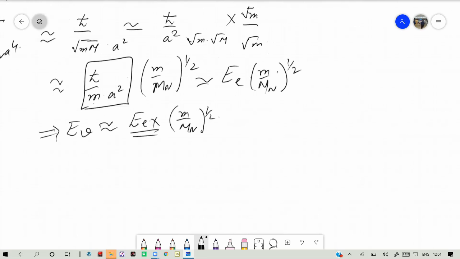And this ratio, the mass of the electron to the mass of the nuclei, is equal to 10 raised to the power minus 3 to 10 raised to the power minus 5. And when you take the square root of this, it becomes even smaller.